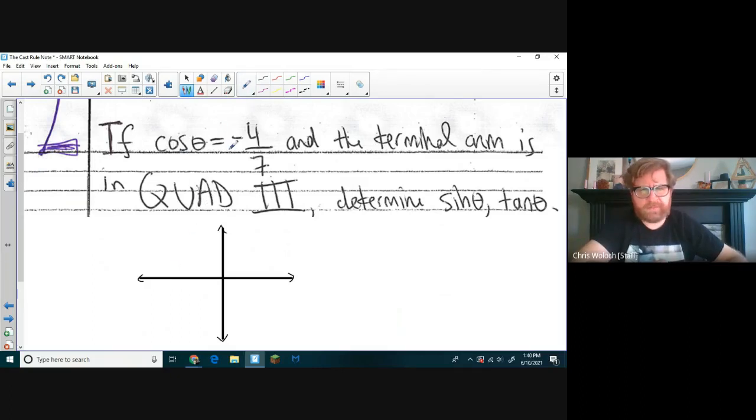So again, quadrant 3 is here. Okay. So that means I'm mainly focused in what is going to happen in this section right here. Okay.